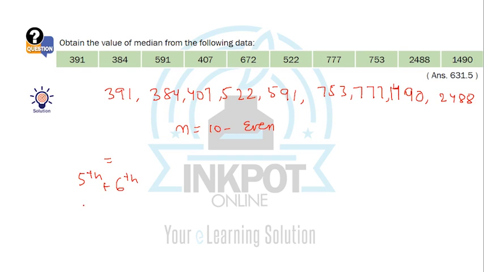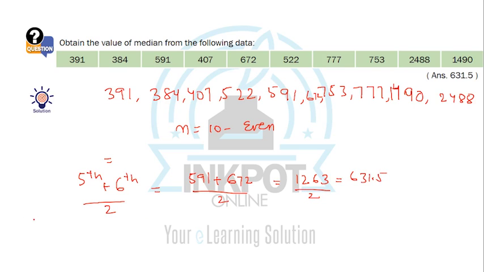So fifth plus sixth observation upon 2. So my fifth observation is 591 plus, I have missed it here, 672. So the next value is 672 upon 2, that is equal to 1263 upon 2. So the value is 631.5.